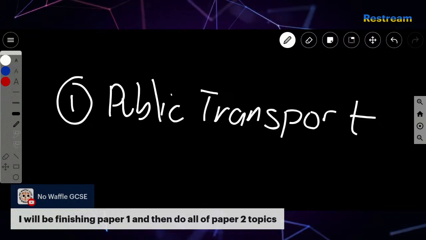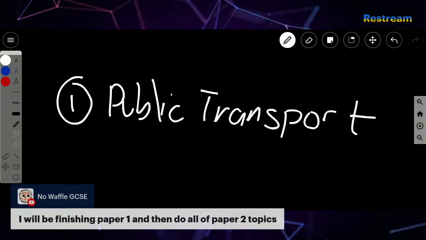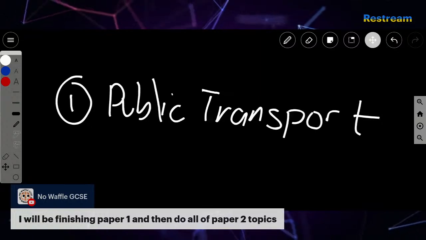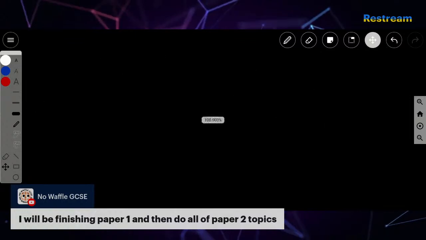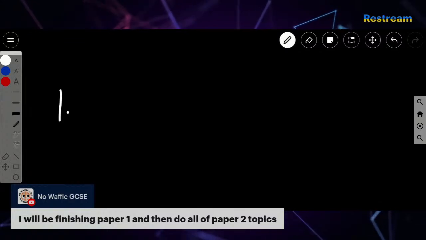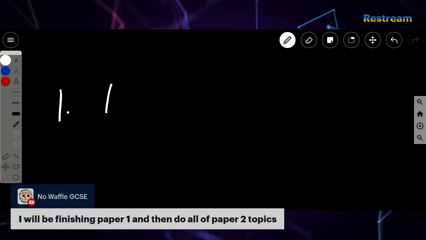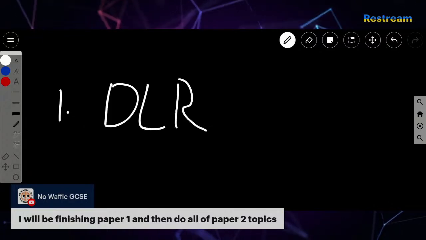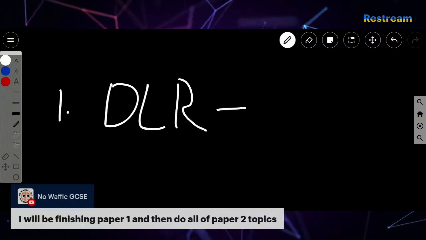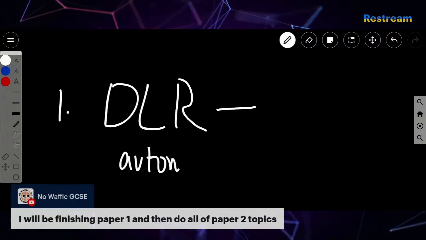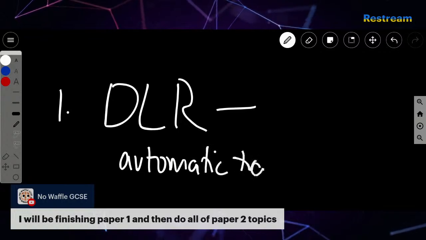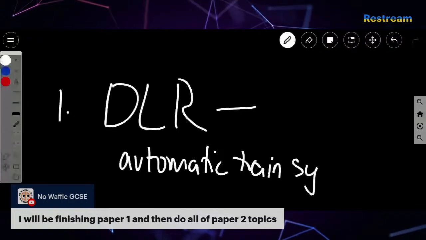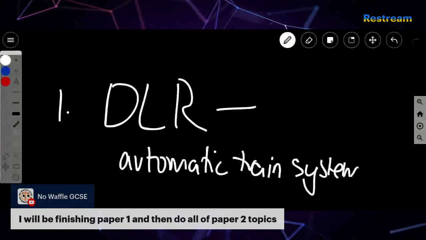Now, London has capitalized on the market of public transport. It's famous for things like its rail network and its bus network. It's literally well known around the world for the red bus. So, the DLR, which stands for the Docklands Light Railway, is an automatic train system that connects East London to the city centre.